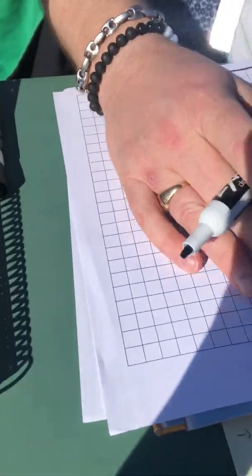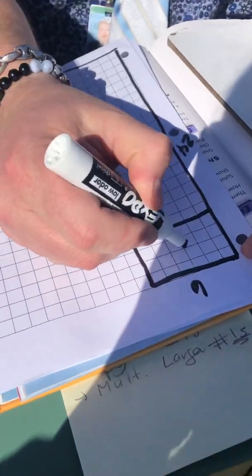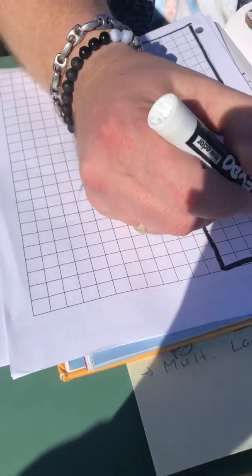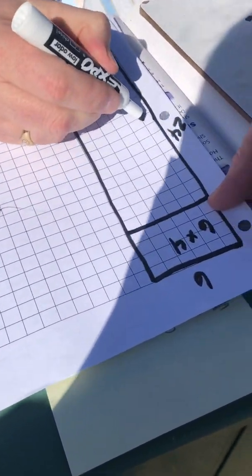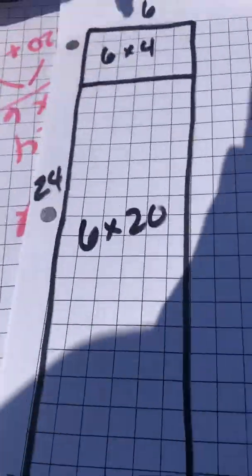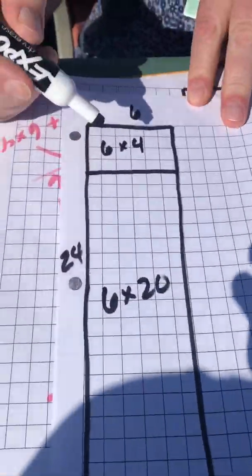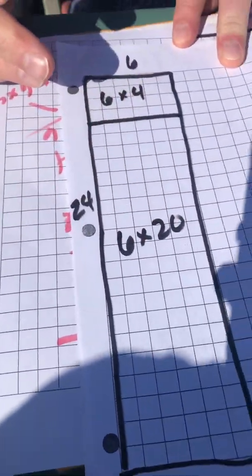Now, knowing that this is the 4 up here, we have 6 times 4, and then down here we have 6 times 20. Breaking this down into things that we know, into numbers that are similar, like the 10s, the 20s, the 30s, the 40s, and so forth, and then we break it down.